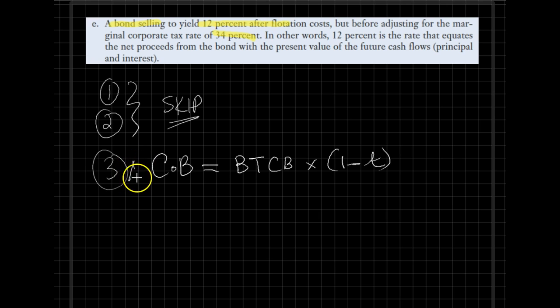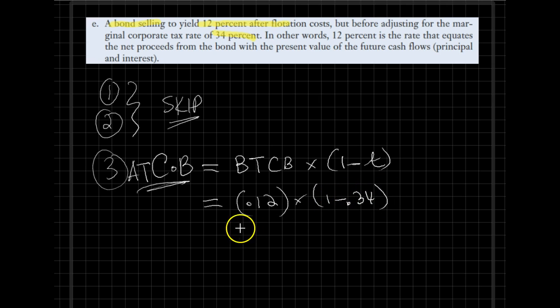Again, this is the after tax cost of the bond. So before tax cost of the bond is provided as 12%, and the tax rate is 34%. Multiplying these two figures results in 7.92% after tax cost of debt.